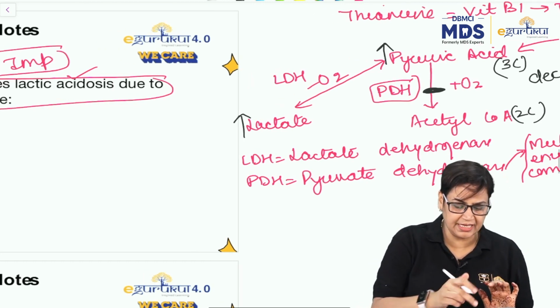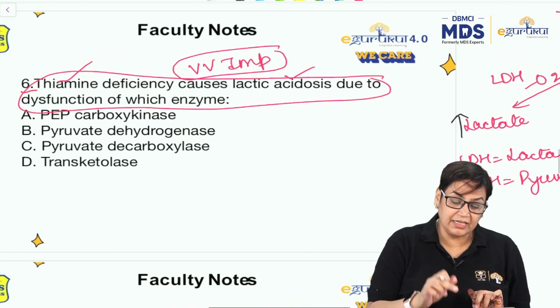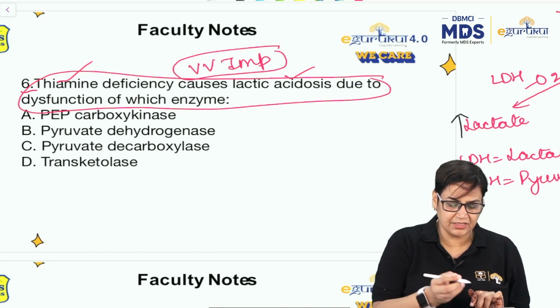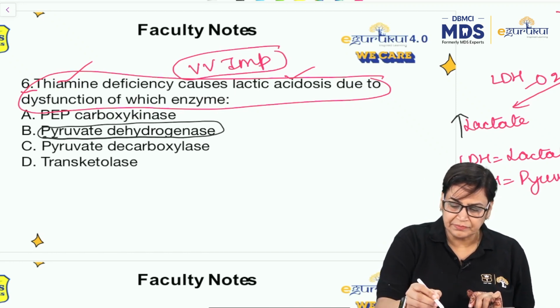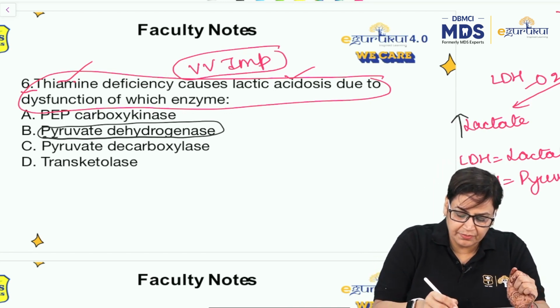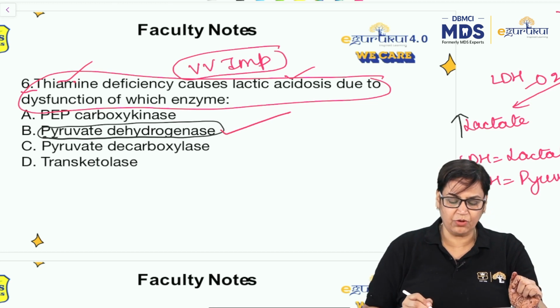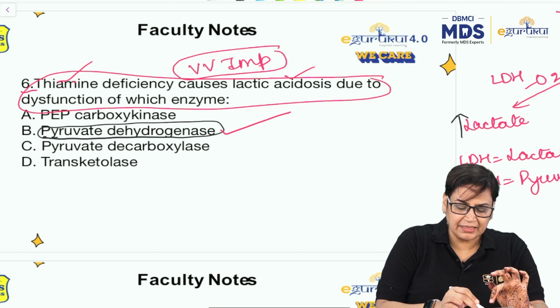Clear? So we can say lactic acidosis will occur. Now see, due to the dysfunction of which enzyme? It has to be pyruvate dehydrogenase, because TPP is a coenzyme for pyruvate dehydrogenase.